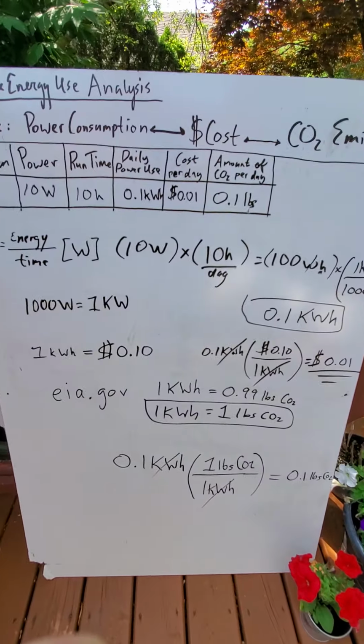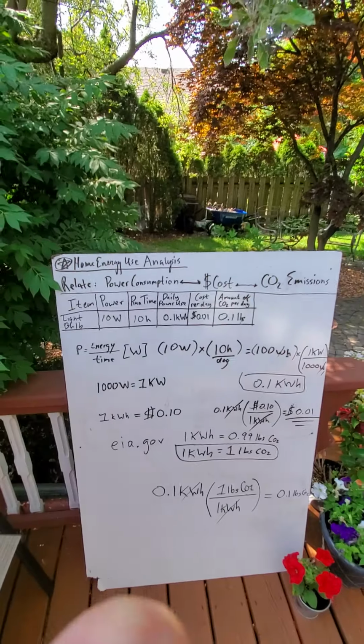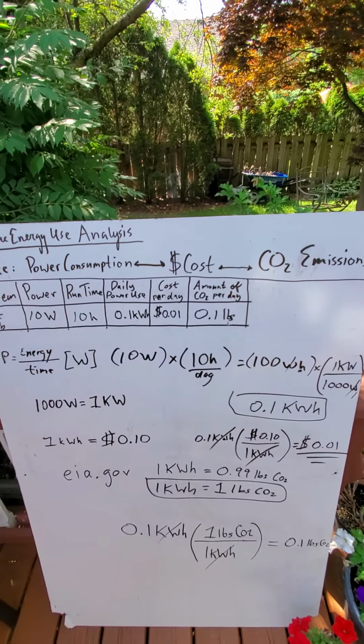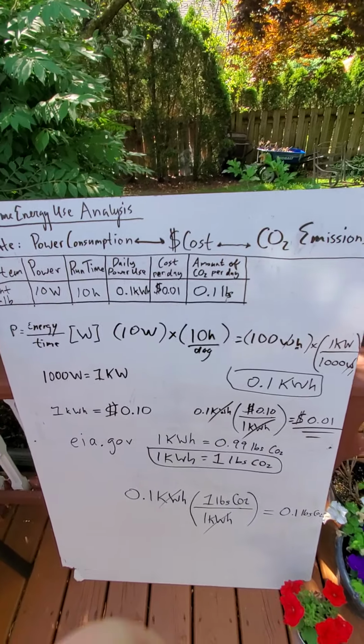So let's say we wanted to see in 10 days, how much would this cost us? And in 10 days, how much energy would we use? And in 10 days, how much CO2 would we emit? So if we simply multiply each of these values by 10, we could scale. So if we use it for 10 days, this is going to become 1 kilowatt hour.